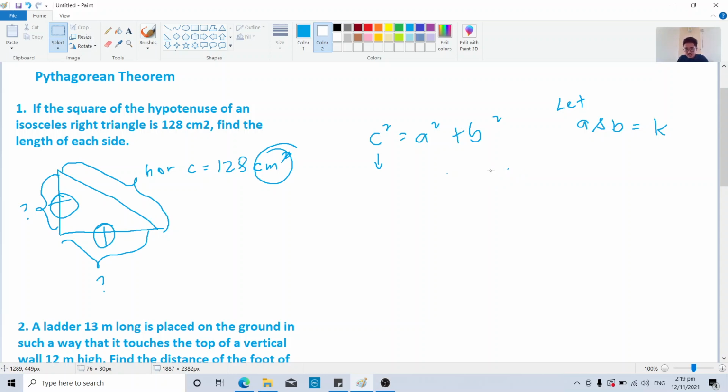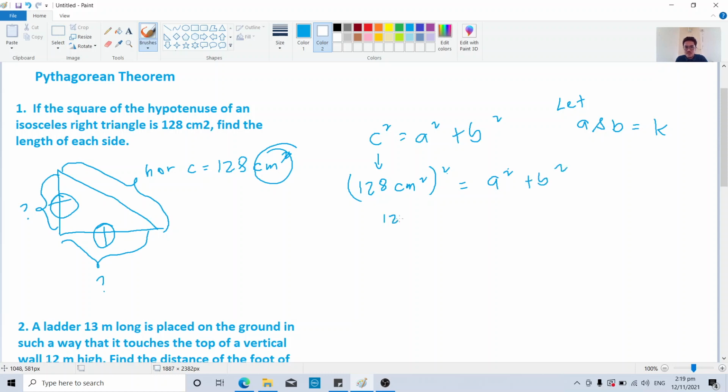Since I did not include the units in what was given, to avoid confusion: we have, since the given is 128 centimeter squared, is equal to, since we let A and B equal K, A squared plus B squared.